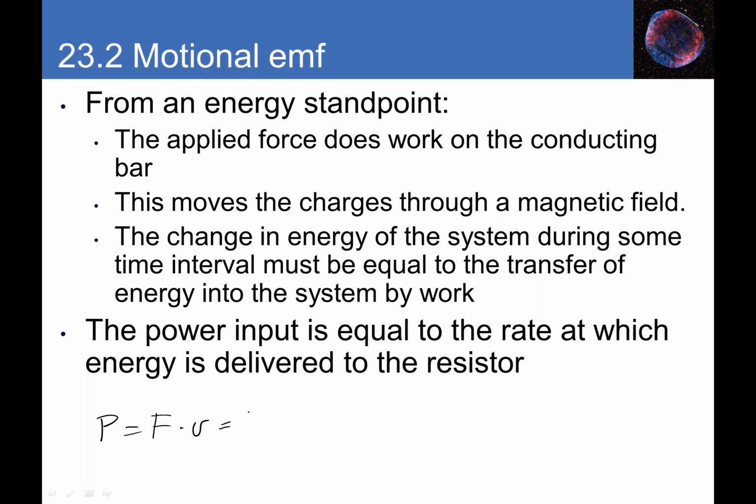So this is the force I can write in terms of ILB, the force on a wire, times V. And here I can rewrite this as we just learned, the current is BLV over the resistance, times L, so LB, times another V. So in a way, what we get here is this.